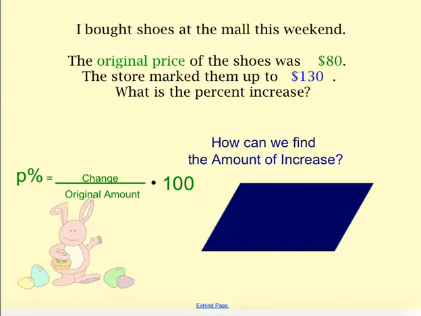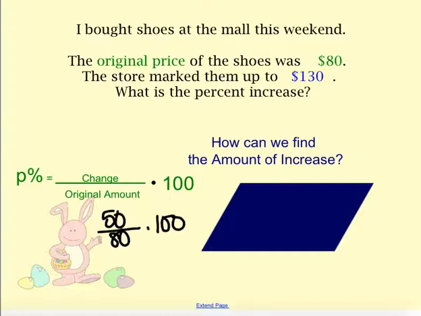So, at a store in the mall, I bought shoes, and the original price was $80. That's how much the store bought them for, and the store marked them up to $130 so they could make some profit. What is the percent increase? Well, we're going to follow our formula to say our change is 50 over the original amount of 80 times 100.